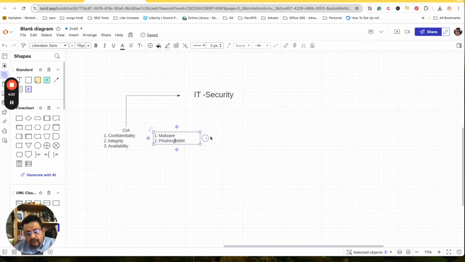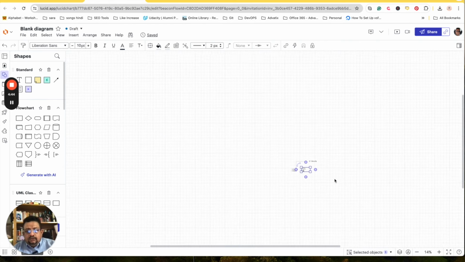Then there is another type of network attack, which is commonly known as DoS. Let's take them one by one.